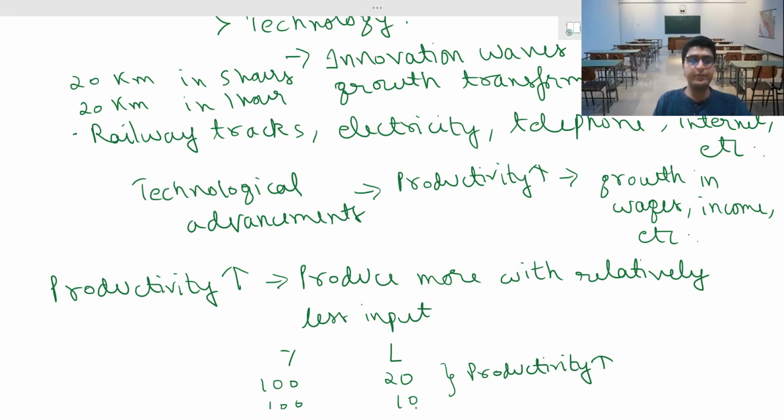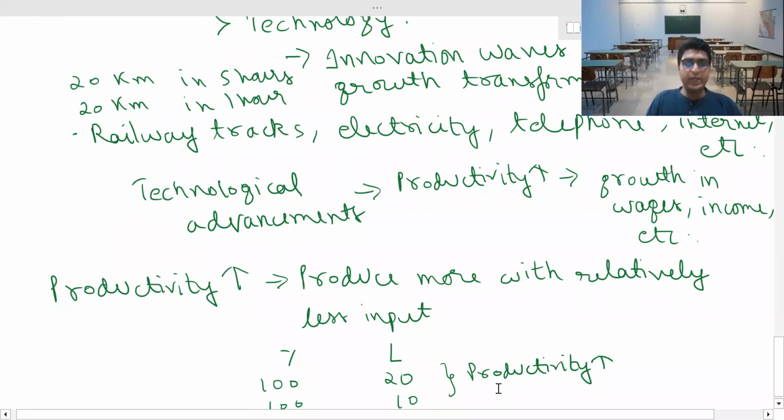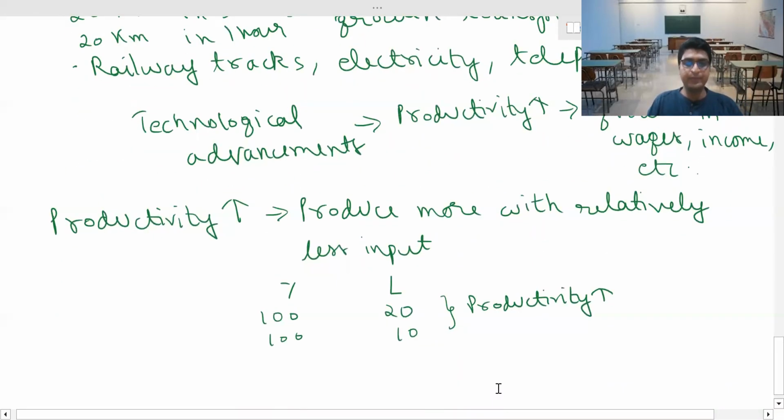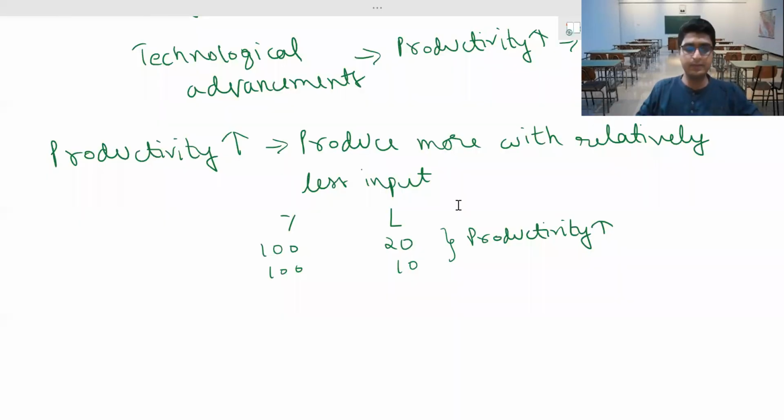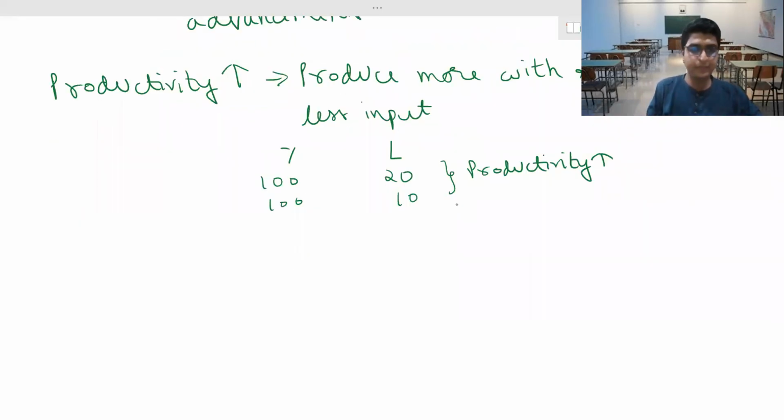Okay, so all of this is what we need to study about. So let's now focus on the actual model that Solow gave. Okay. So let's begin.